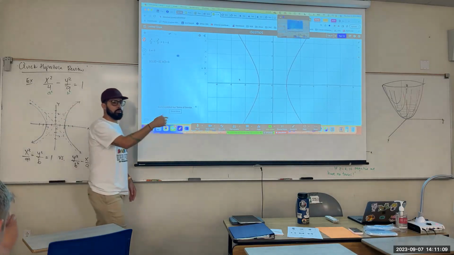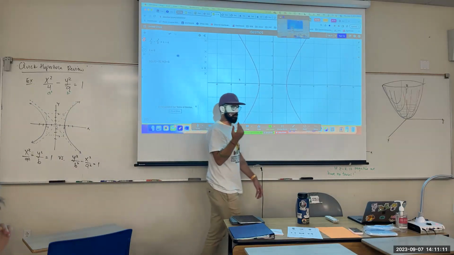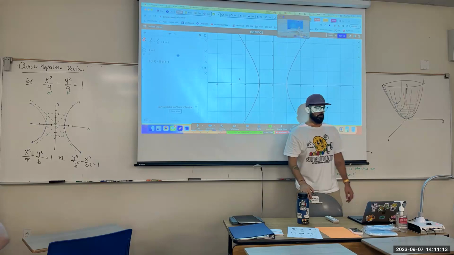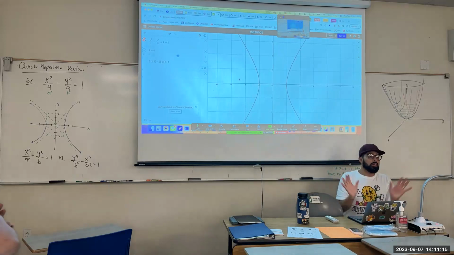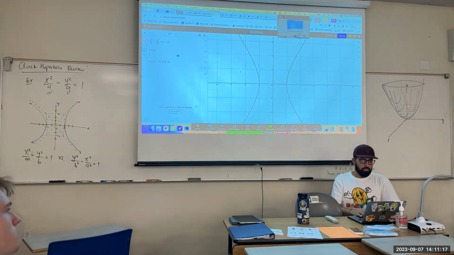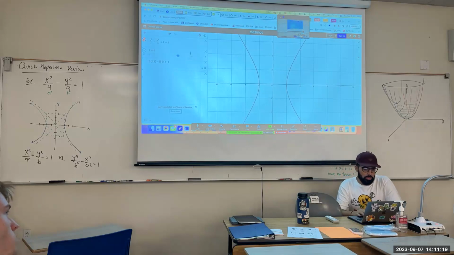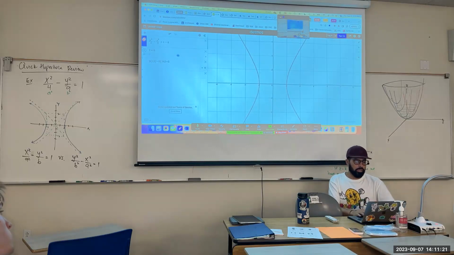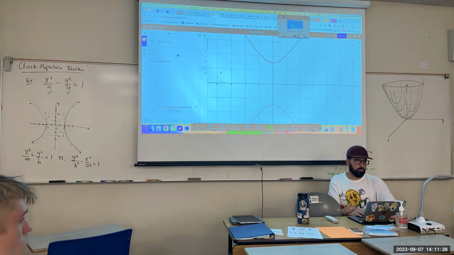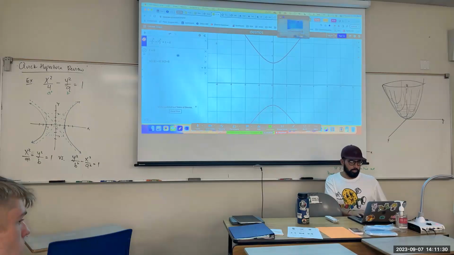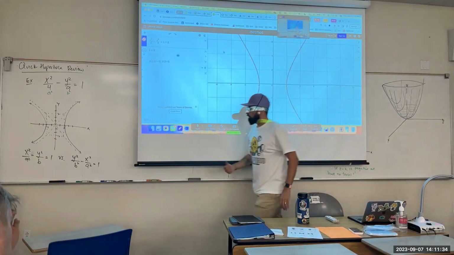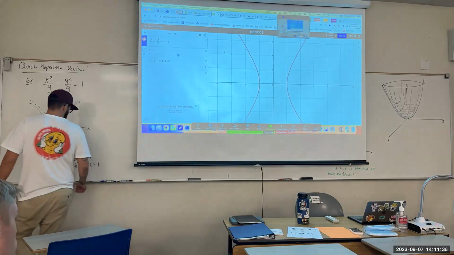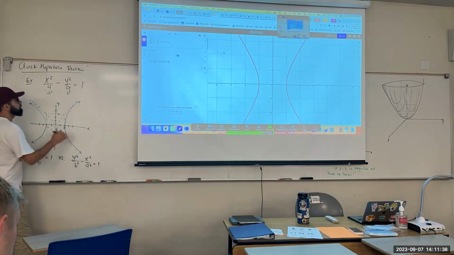It'll be linear equations, which I'm not going to have you guys do, okay? But I want you guys to notice this. If I would have made the x negative and this a plus, notice the hyperbola is now open towards the y direction.